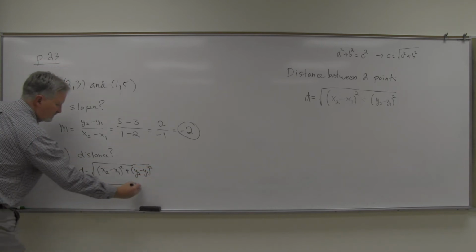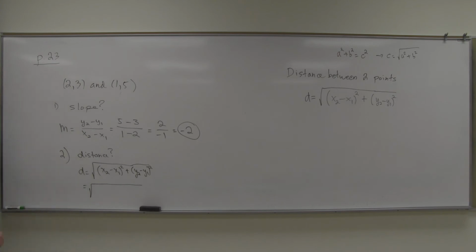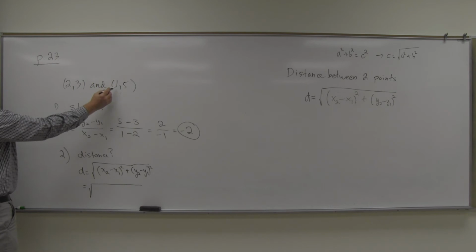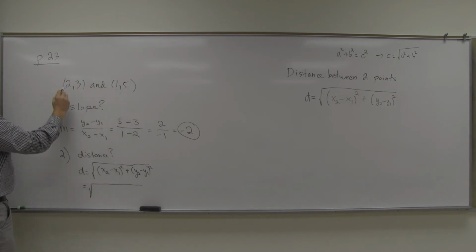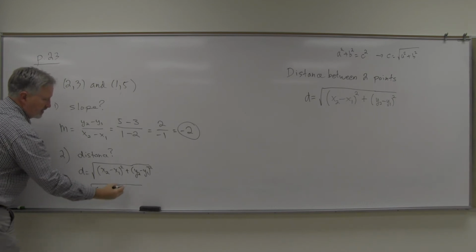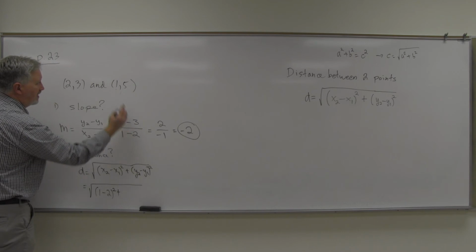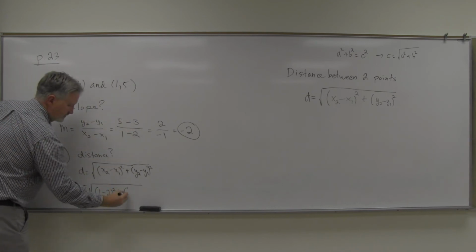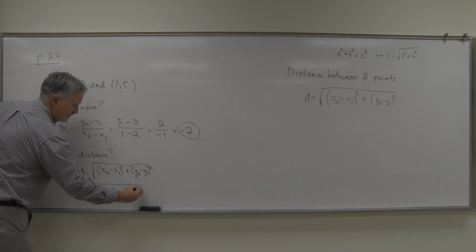And so that gives me what? So this one we start with the x2, so it's 1 minus 2 squared, plus second y, 5, minus first y squared, so it'll be 5 minus 3 squared.